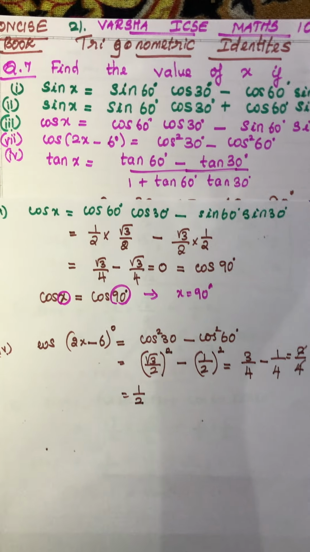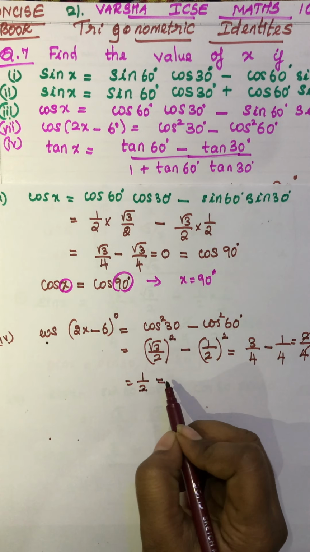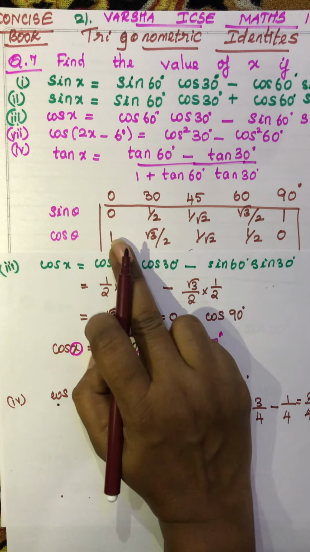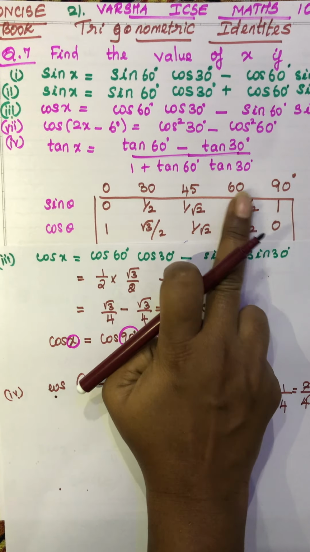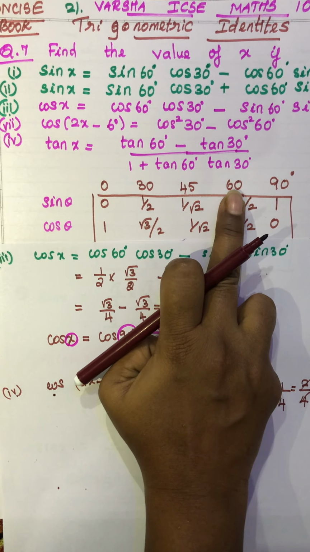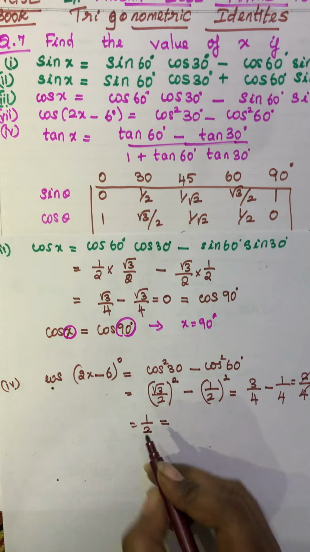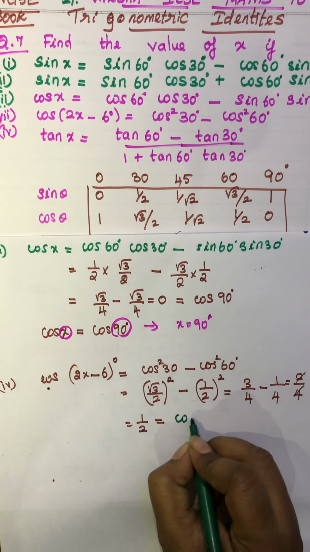Okay, see, here it is cos. So 1 by 2, when cos is 1 by 2. See, cos 30 is root 3 by 2. So cos, when theta is 60 degree, the value of cos is 1 by 2. So how should we write this?